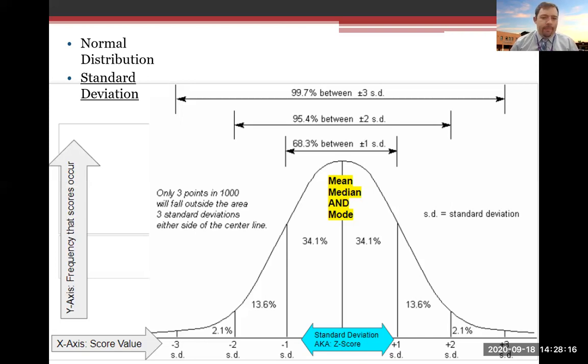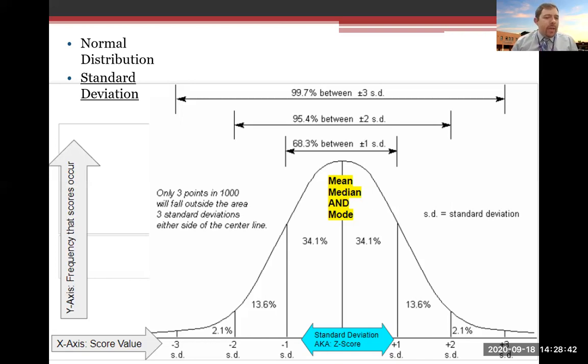So what we can now see is the normal curve is designed so we can measure how frequently certain scores occur. And so as we can look at this, we can see that we are dividing our scores into standard deviations. And we do that, again, so we can measure how close a certain score is to the norm.